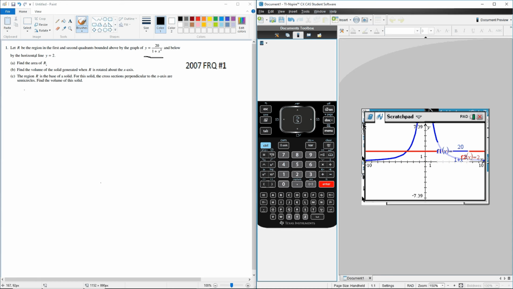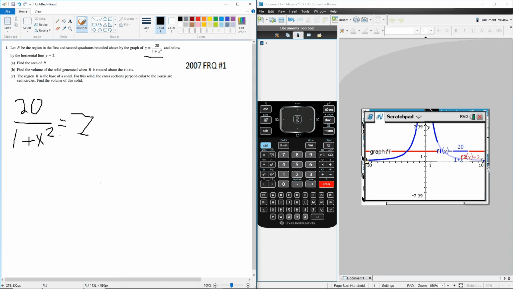First we're going to have to find where these intersect so we can find the upper and lower bounds of our integral. In order to do that, we want to know when the y-coordinate of 20 over 1 plus x squared is going to be 2. That's pretty simple. We set 20 over 1 plus x squared equal to 2.